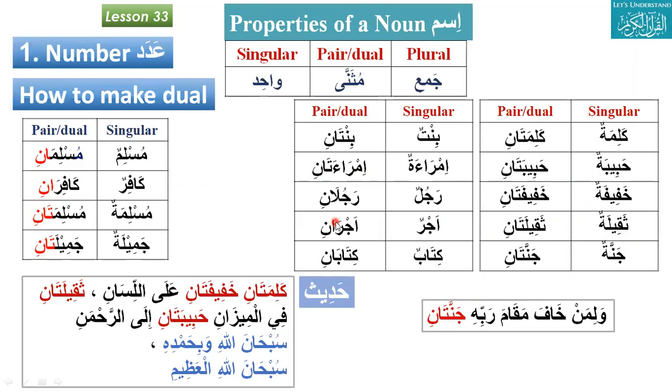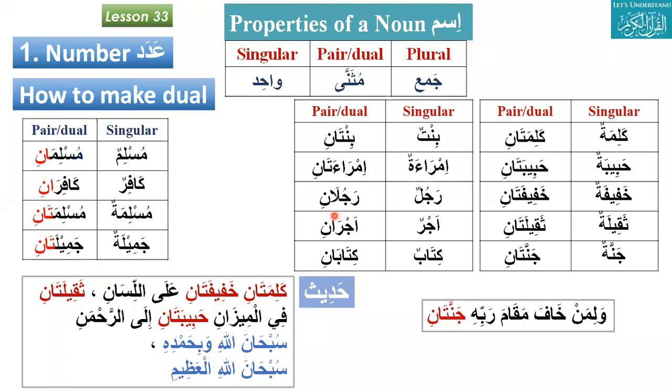So we will take the first property of ism, that is number. The ism can be singular, plural, or dual: wahid, muthanna, jama'. Singular is like Muslim, kafir, muslimatun, jamilatun, kalimatun, jannatun, thaqilatun.